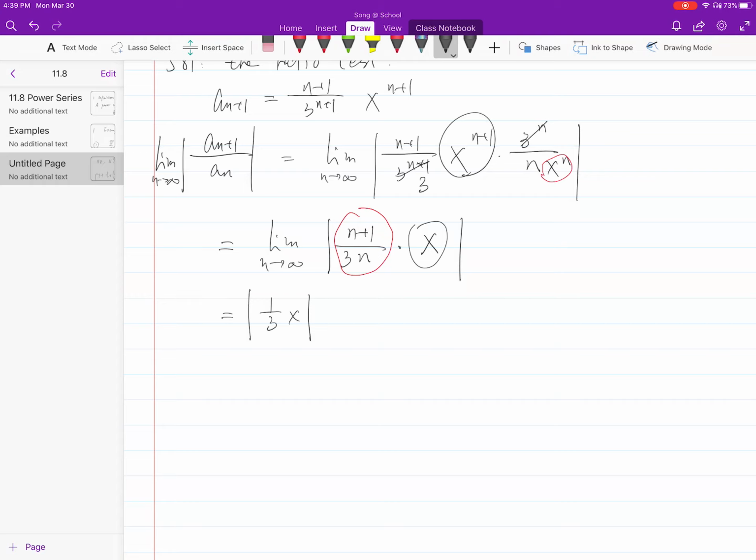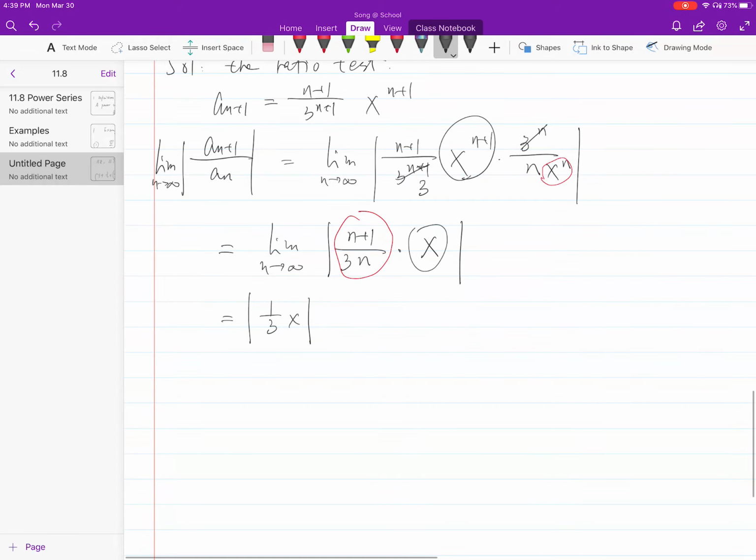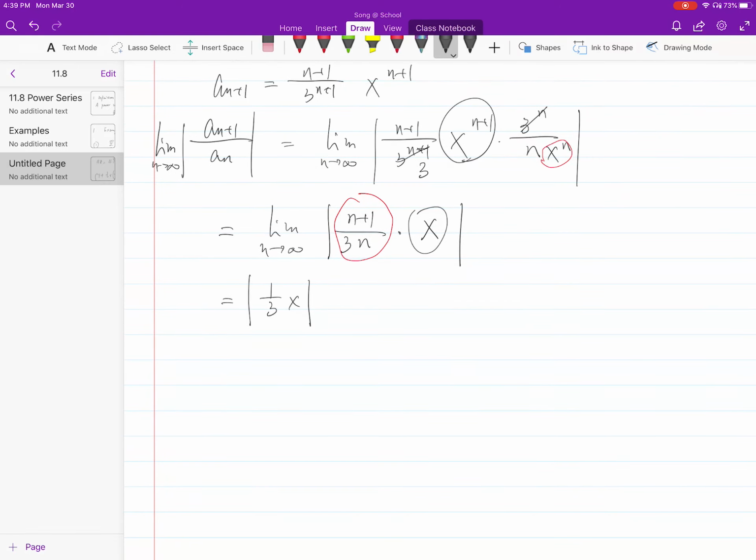Okay? Good so far? Now go back and try to see why you cannot answer it. Because I need a number. I need to check if this one is less than 1 or bigger than 1. Remember? But if it's less than 1 or bigger than 1, it really depends on my x. So here's the logic.